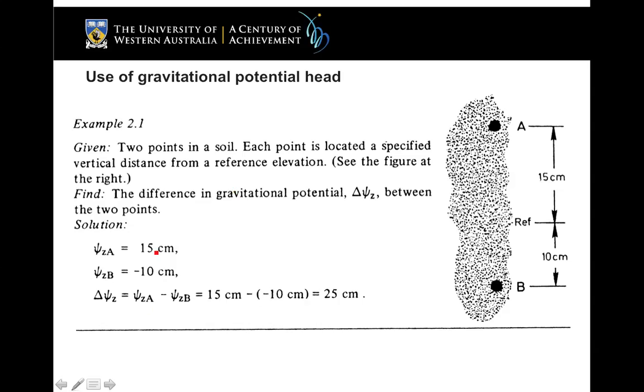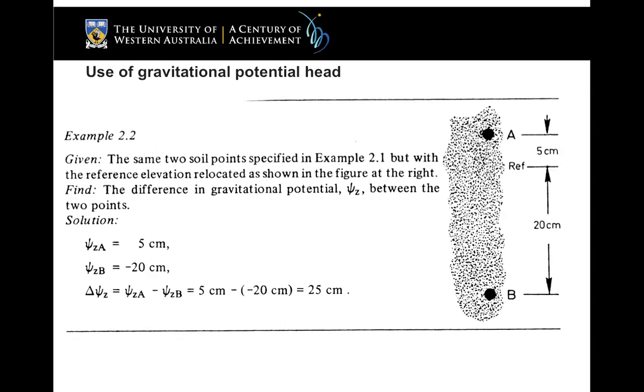The gravitational potential of point A is 15 centimetres. The gravitational potential of point B is negative 10 centimetres, because our coordinate system is positive upwards. When we work out the difference in potential energy, it is 15 centimetres take away negative 10 centimetres, which is really a positive, so 15 plus 10, which is 25 centimetres.